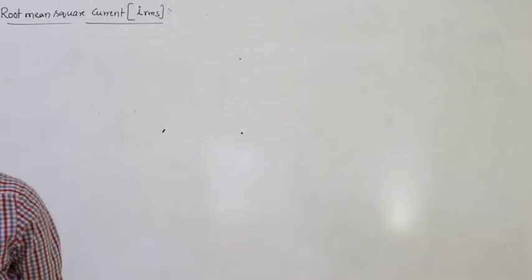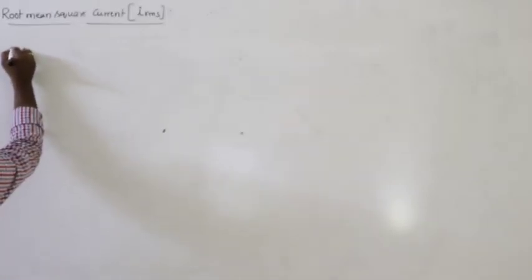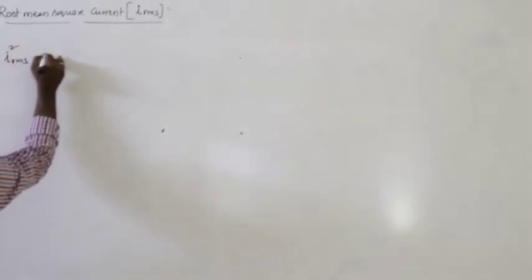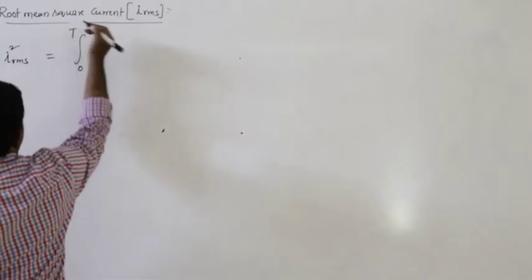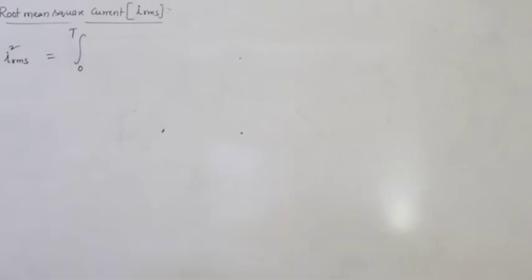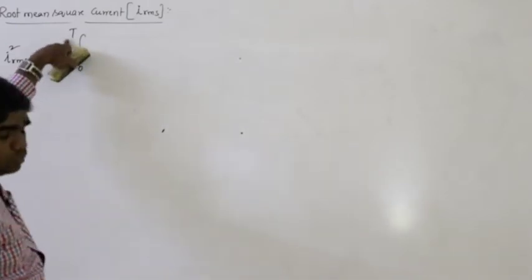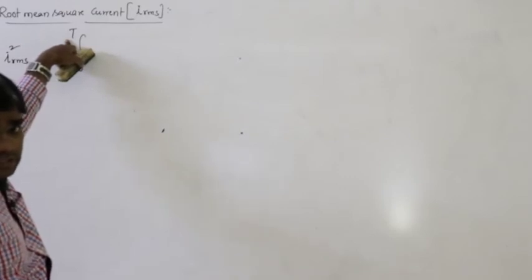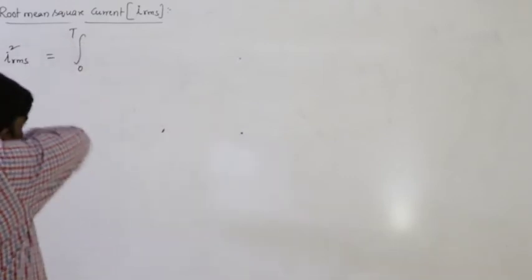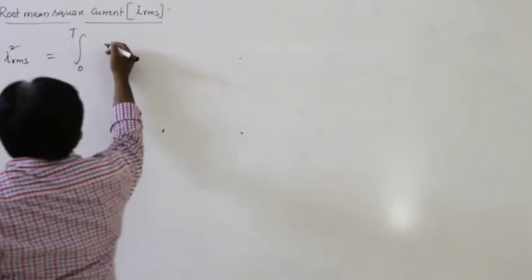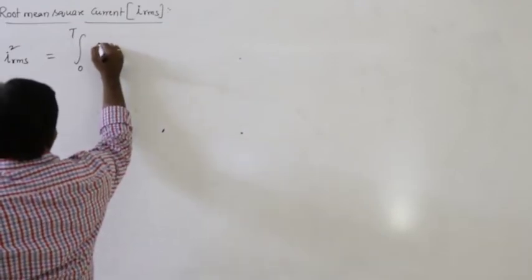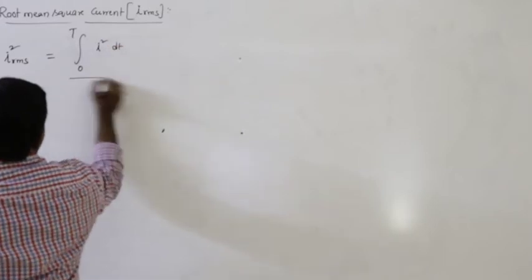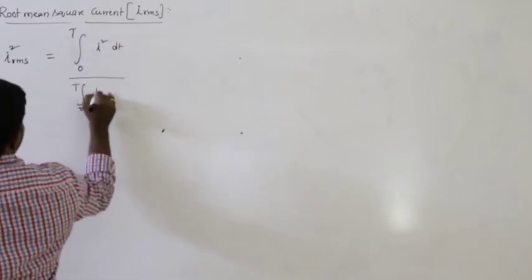So here I am writing I square RMS is equal to integral of 0 to T, the complete cycle, I square dt divided by integral of 0 to T dt.